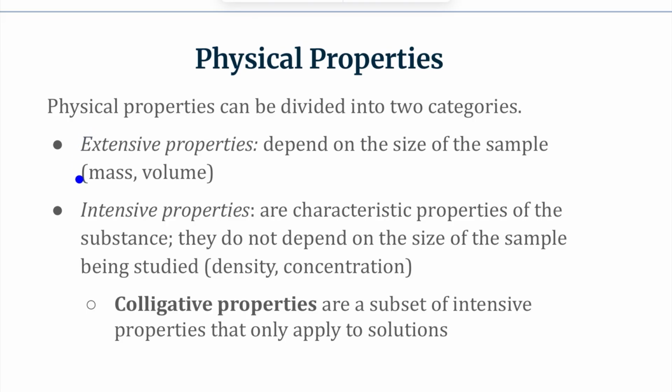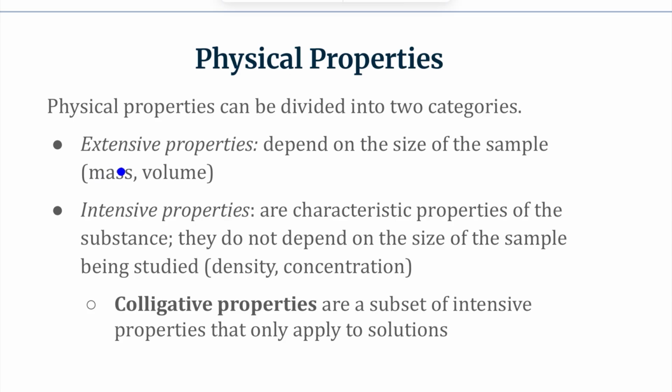That's often information we use for calculations. Intensive properties are characteristic properties of a substance. So they do not depend on the size of the sample that is being studied. So things like density or concentration don't depend on how much you have. You might have mass and volume to use in calculating a concentration, but the concentration is going to be the same throughout.